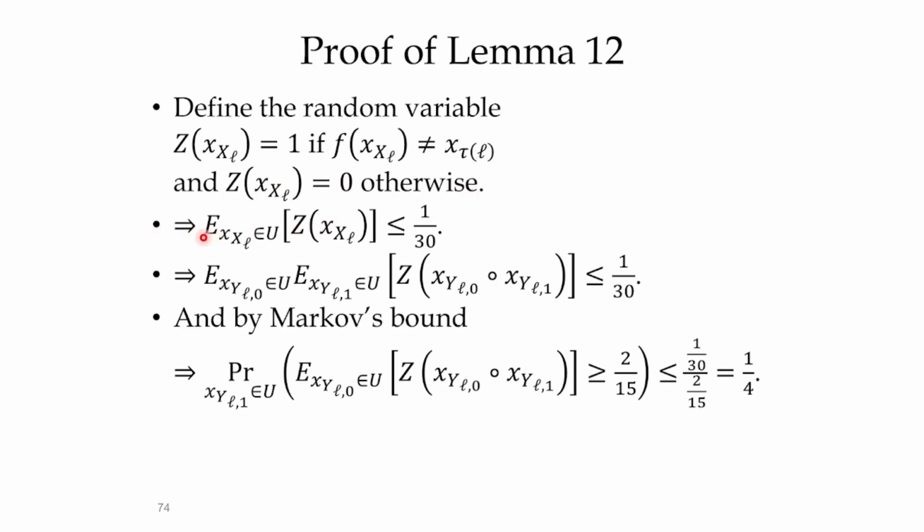And from that, therefore, the expectation over x subscript capital X L of Z of x subscript capital X L is less than or equal to 1/30.